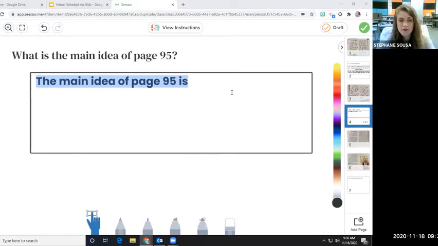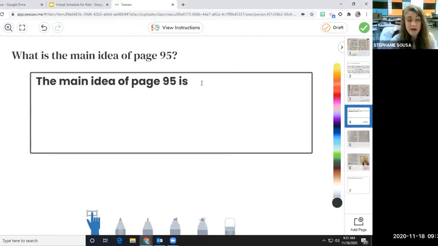So we're typing on slide 4. And we said that word fur needed to be in our main idea. We highlighted it 5 times.